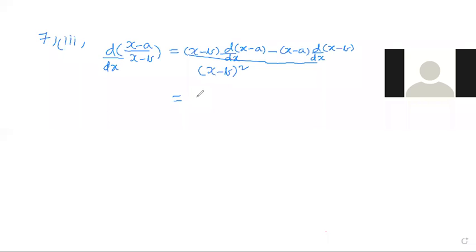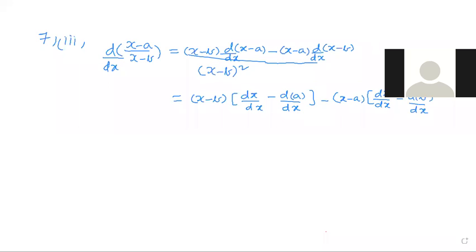So x minus b is kept as it is. Separate the derivatives: d by dx of x minus derivative of a. Next, minus x minus a term, separate the derivatives, dx by dx minus derivative of b, over the denominator.